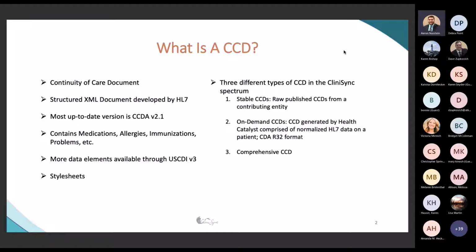And a CCD, quite simply, is just an XML structured document that was developed by HL7. The most up-to-date version right now is the CCDA 2.1, and the CCD right now contains medications, allergies, immunizations, problems, and a whole host of other data points that can be found in there.